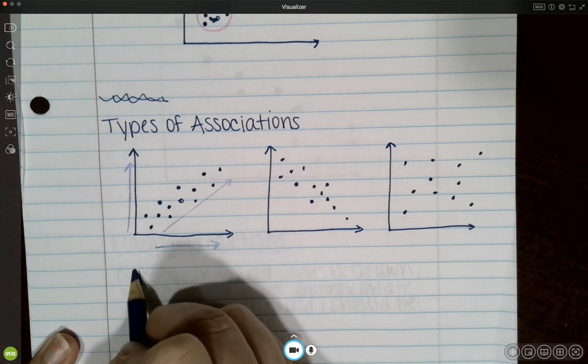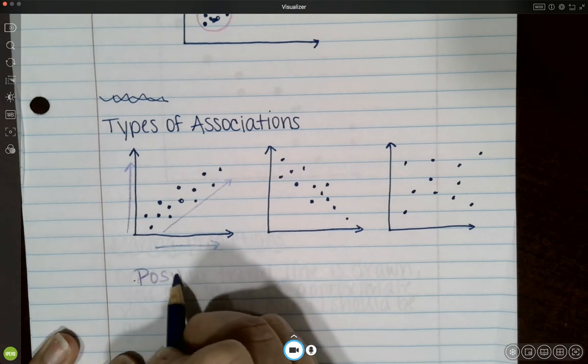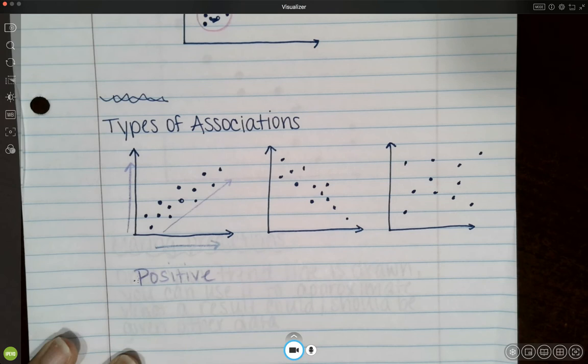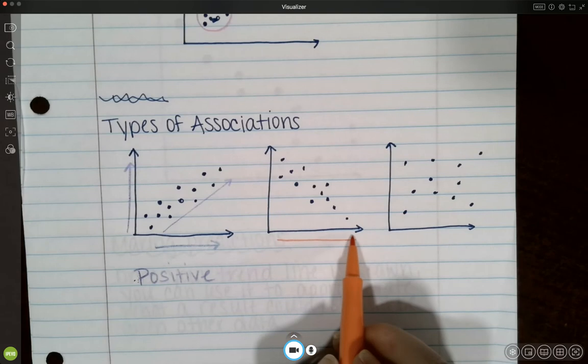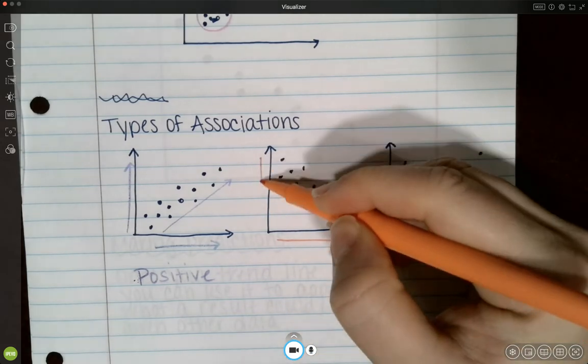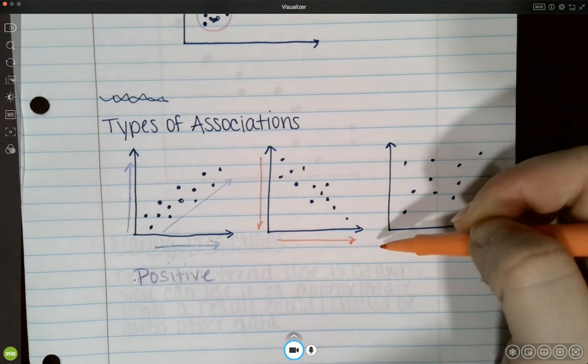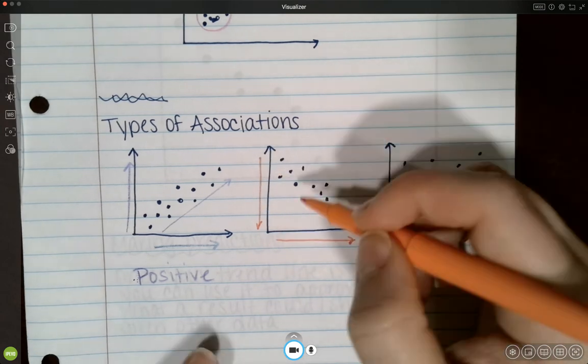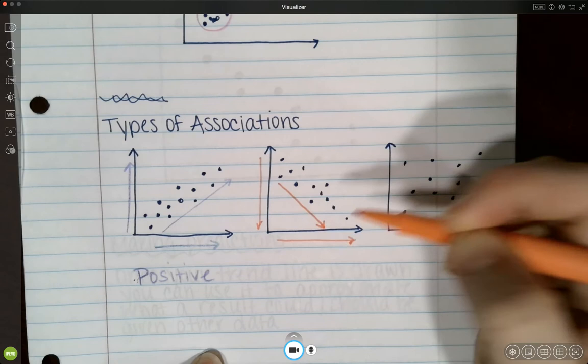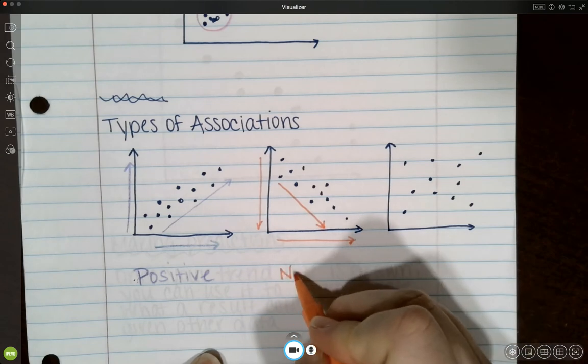This would then be a positive association. In this next graph, as my x increases, there's a decline of my y data. So my data is going down, which means that there is a negative association.